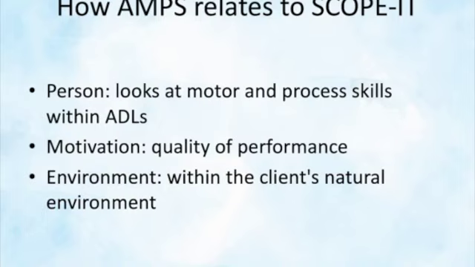For motivation, it looks at the quality of performance. Like I kind of highlighted on the first page of the scoring sheet, it does look at the quality of the performance, such as increased effort.